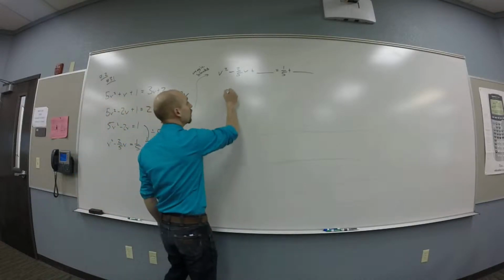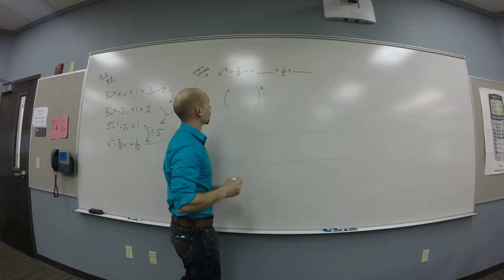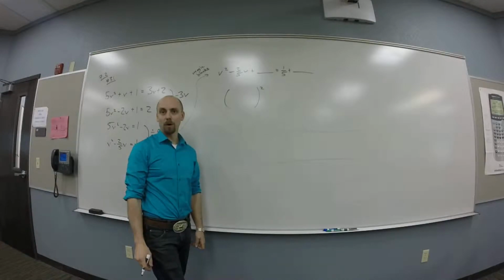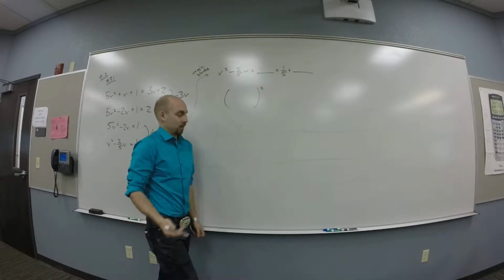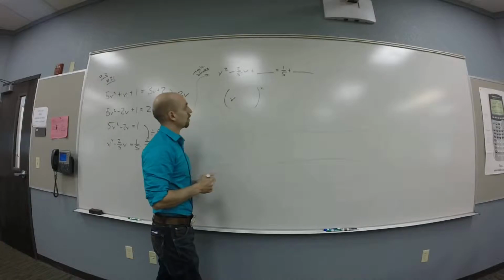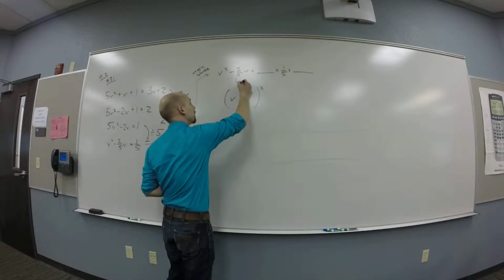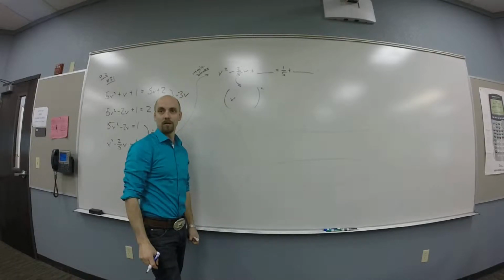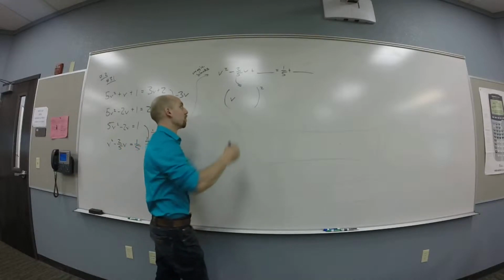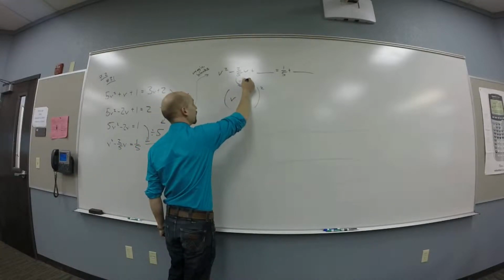Okay, so I need to think about this as something squared, right? What's the first part of the parentheses going to be? A v. Okay, so what are you doing to get from this step to that step? Dividing by 2, right? Multiply by 1/2 might be a better way to think on this one.